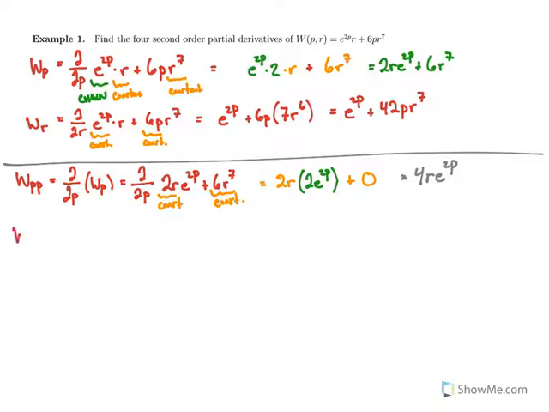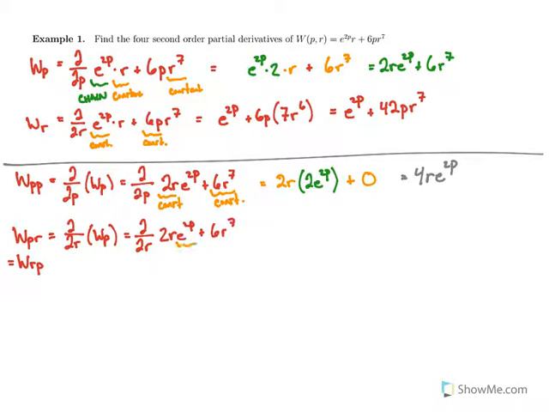Now let's find w sub pr, and note that this is going to be the exact same thing as w sub rp. It doesn't matter which order we do it, we're going to get the same thing either way. And that's also a good check if you want to see if something went right, because if they're not the same, that's an issue. So w sub pr is the derivative with respect to r of w sub p. That's going to be the derivative with respect to r of 2r e to the 2p plus 6r to the 7th.